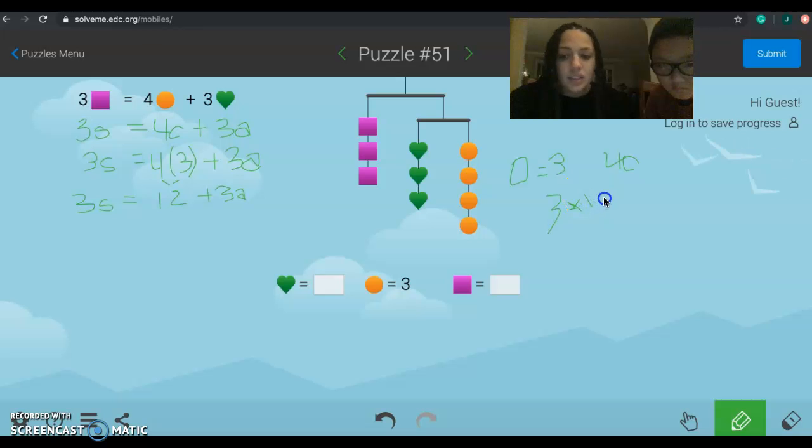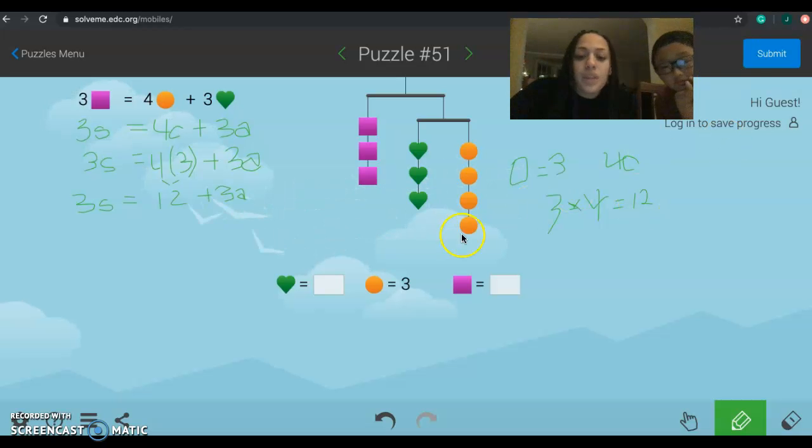Multiply it, okay. So this 3 times the 4 circles equals 12. So we know this side must equal 12. So this gives us a hint to what this side is equal to. What's it equal to? 12.